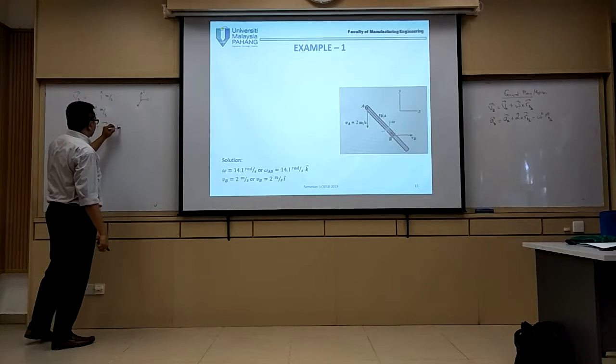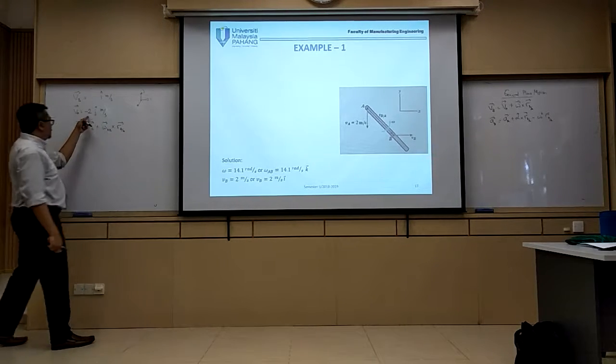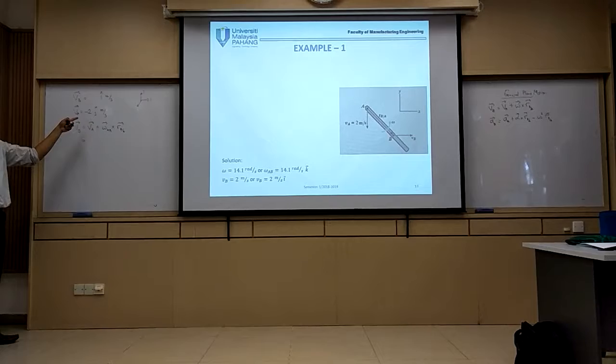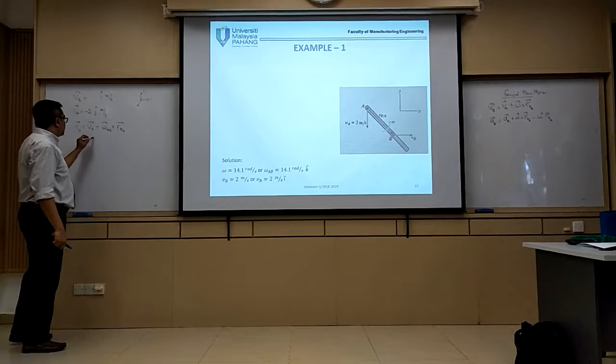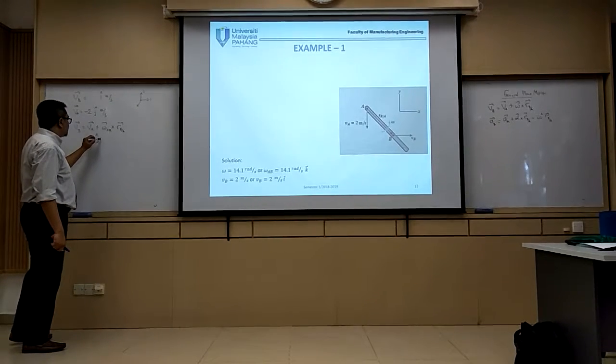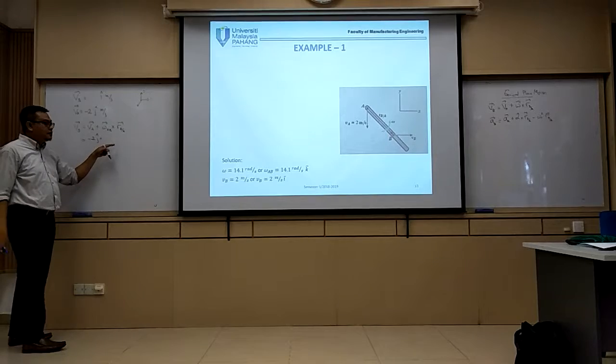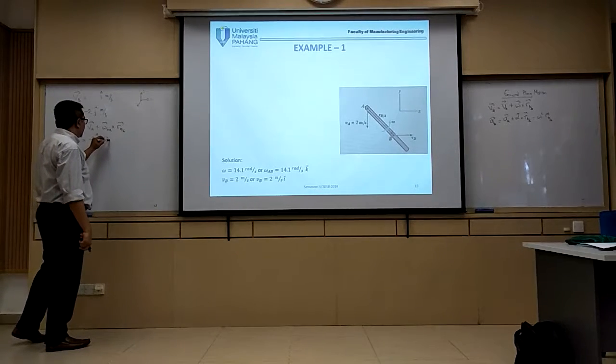So VA we have is negative 2 J, plus omega AB, which we don't know, so omega AB K.